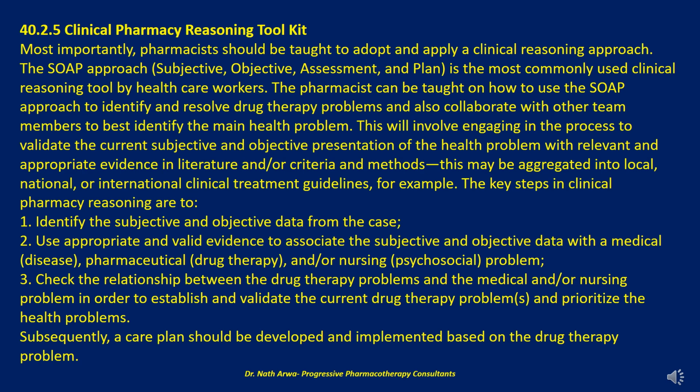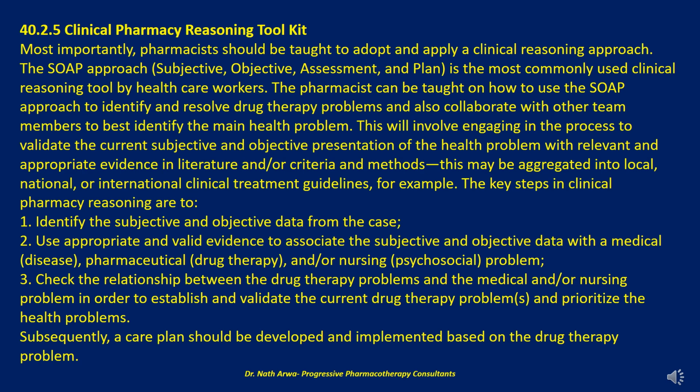The key steps in clinical pharmacy reasoning are to do the following. 1. Identify the subjective and objective data from the case. 2. Use appropriate and valid evidence to associate the subjective and objective data with a medical, that is disease, pharmaceutical, that is drug therapy, and/or nursing, that is psychosocial, problem. 3.